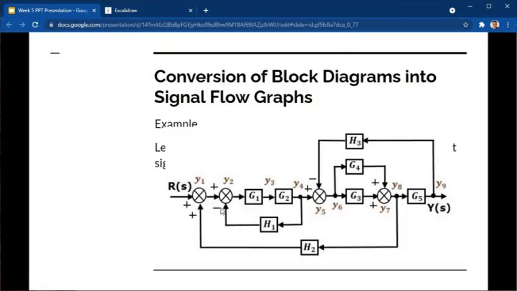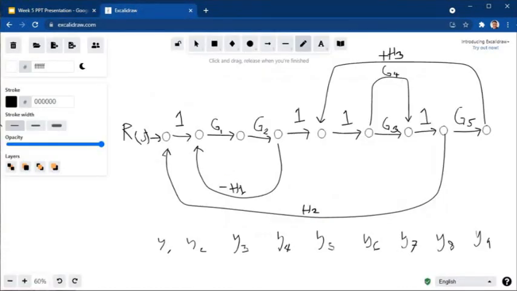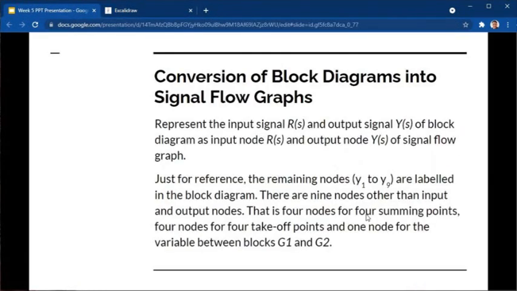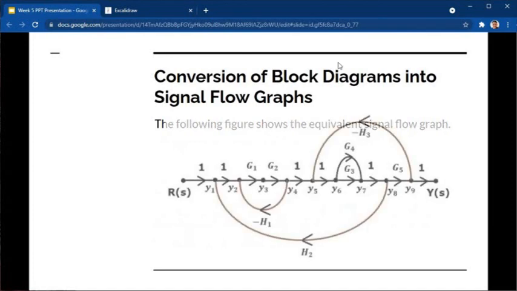Let's see if we also have other negatives. This one, both positive, so no problem. This one, we have a negative signal from y sub 9 to y sub 5 with the gain of h3, so h3 should be negative. So let's check our answer again. Now, negative h3, negative h1, gain of 1, gain of 1, gain of 1.